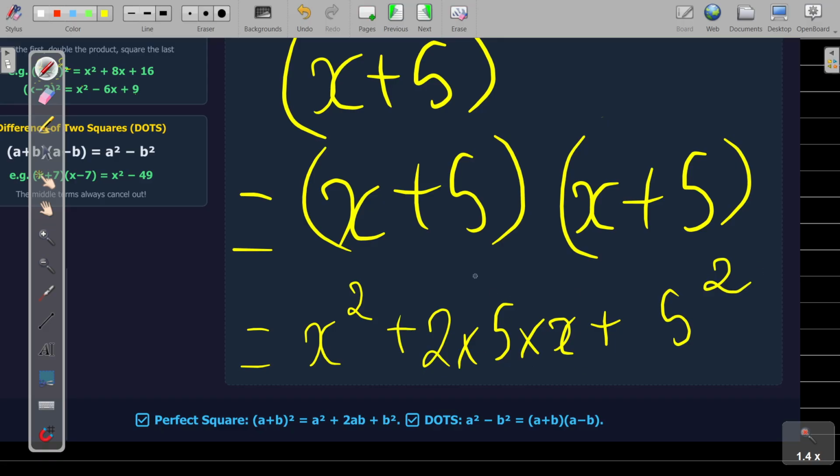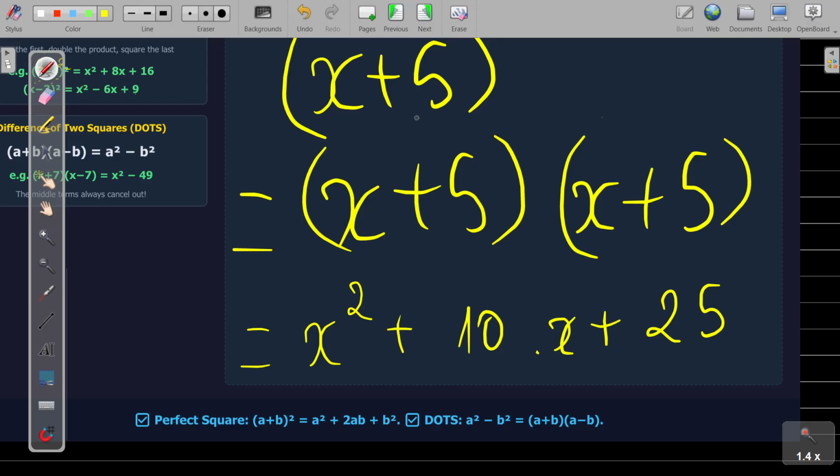This should give us 10x. I'll rewrite this so we get the answer right away. So we have 10x, and 5 squared is basically 25. And that should be it.